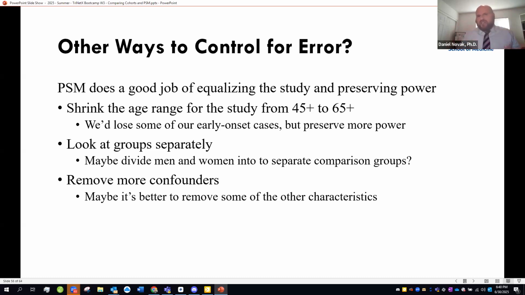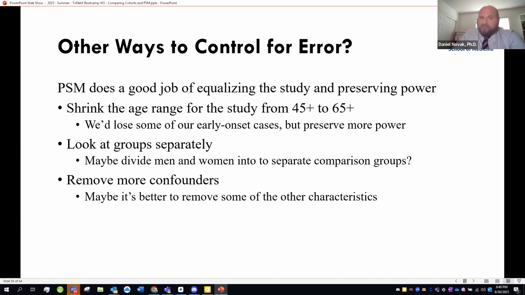So you might want to consider what is a truly representative age range that you might want to use. If we shrank that, I did the math and I'm like, well, we lose some of those early onset cases that are actually really important for one of our outcomes, but we would preserve more power. We'd have a much clearer signal if we had a smaller group of people in our control group or our large pool.